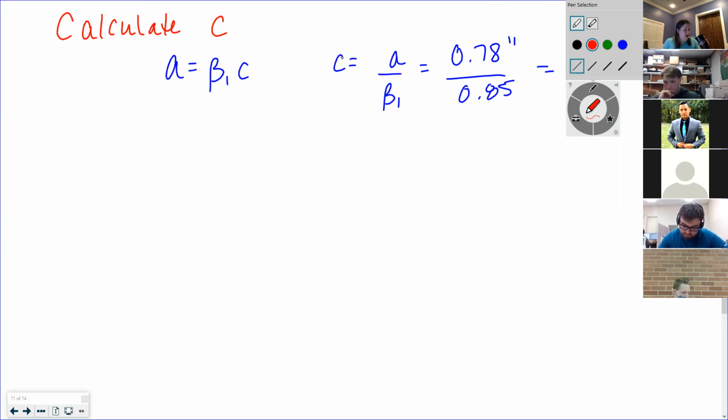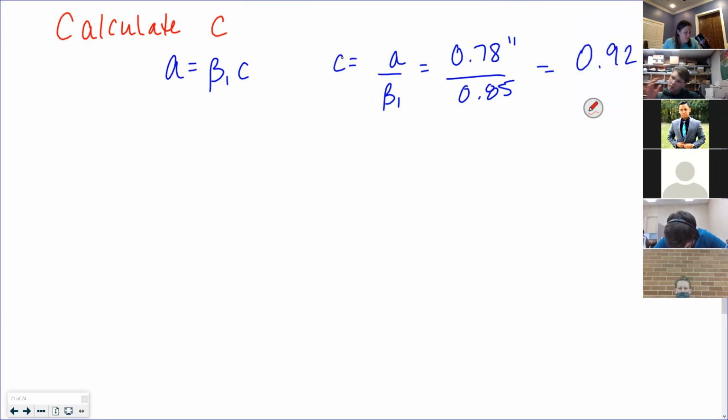Now what's the next step? Calculate the strain in your steel, right? And now we're just normal now. The only thing that's different about T-beams is the shape is weird, right?